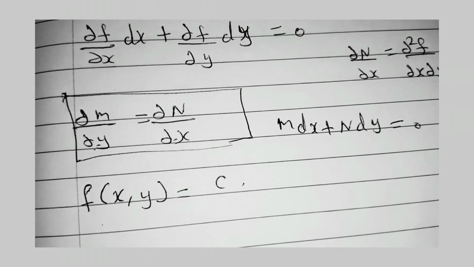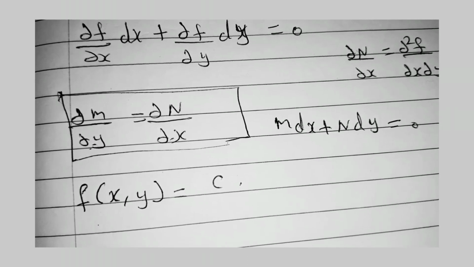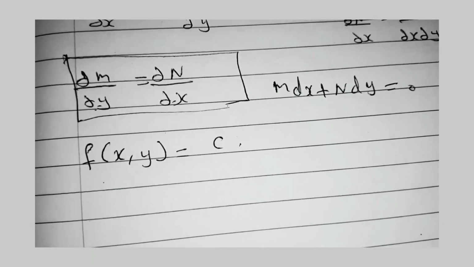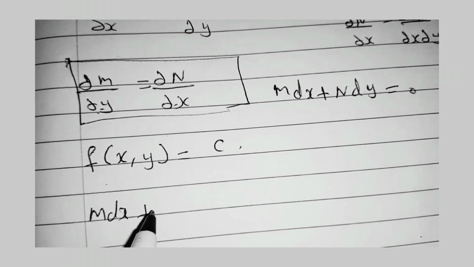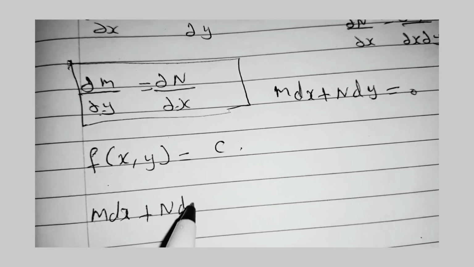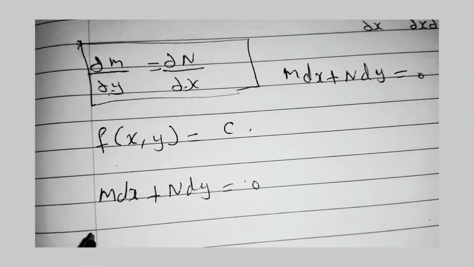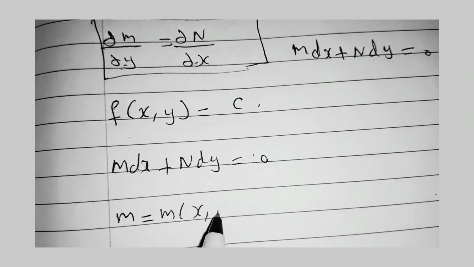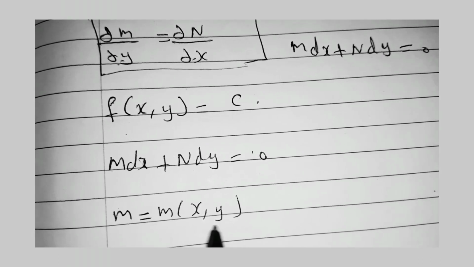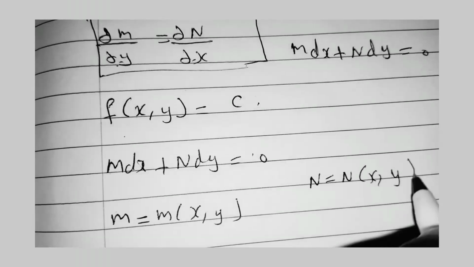General case for an exact differential equation. When you are given M dx plus N dy is equal to 0, in order for you to solve this equation, first of all, you write your M as a function of x and y, and your N as a function of x and y.